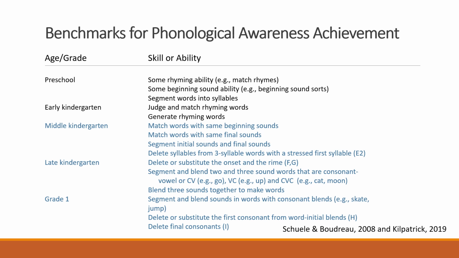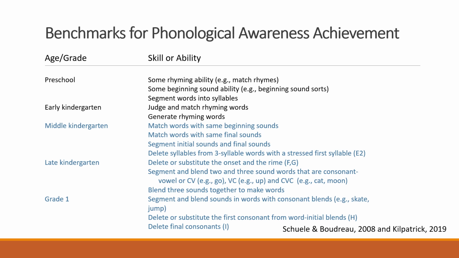We can look at skill development based on the school year instead of age. The skills that are printed in blue are all phonemic awareness skills. By the middle of kindergarten, children are paying more attention to individual sounds, and they can segment out the beginning or final sound of a word. By late kindergarten, more complex words are being segmented and blended back together, and by the beginning of first grade, children can segment and blend words that contain consonant blends.